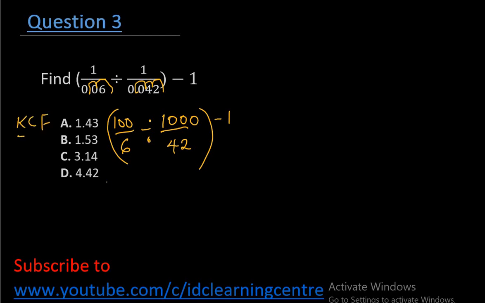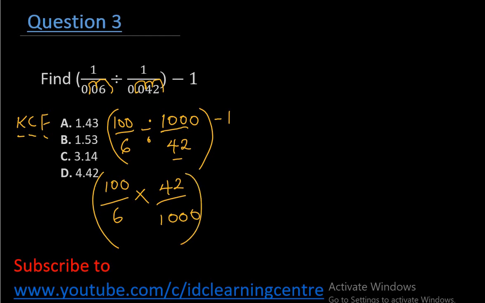K means keep the first fraction, which is 100 over 6. C means change, we change division to times. F means flip, we flip this fraction. So 42 goes up, 1000 comes down. Close bracket, remember minus 1.